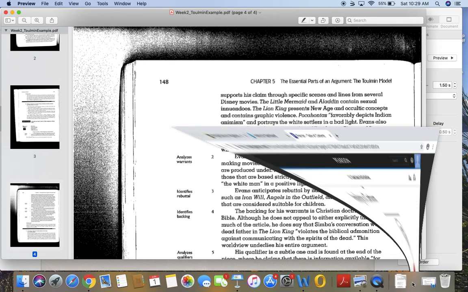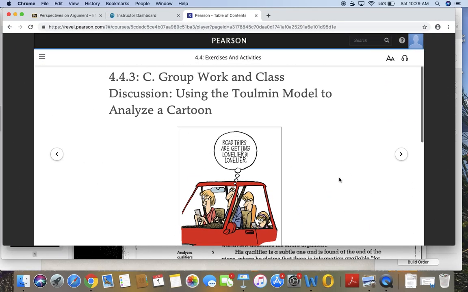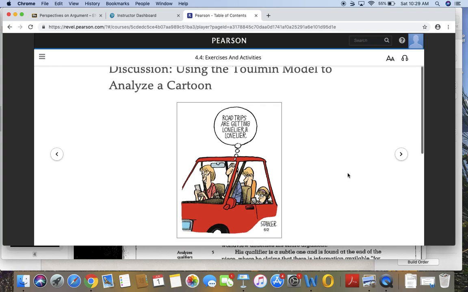Now, I also want to show you really quickly, and this is from your textbook, how you would analyze a visual argument. So a type of cartoon or an ad, something like that. And so your book gives this example of a cartoon with a family in the car on a road trip. And the dad says, road trips are getting lonelier and lonelier.